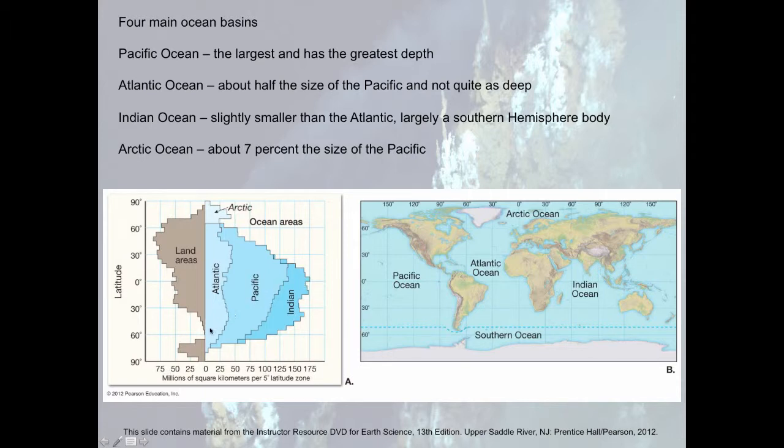Further south at 60 degrees, there's very little land. But between 30 and 60 degrees north, land areas actually dominate over ocean. Again, this is just another way of viewing that oceans cover a majority of the Earth's surface.